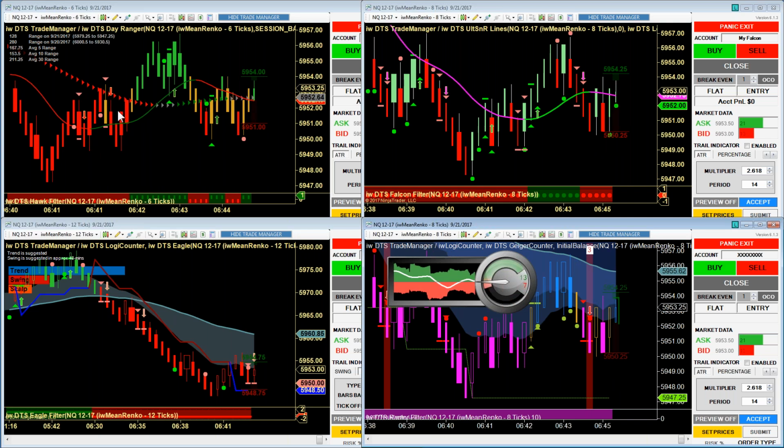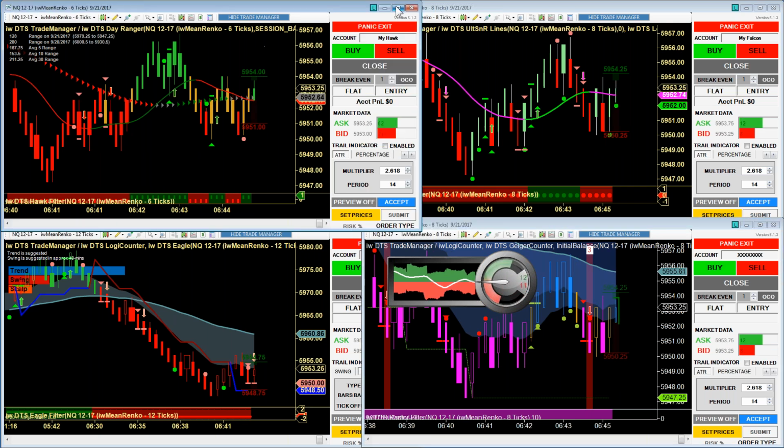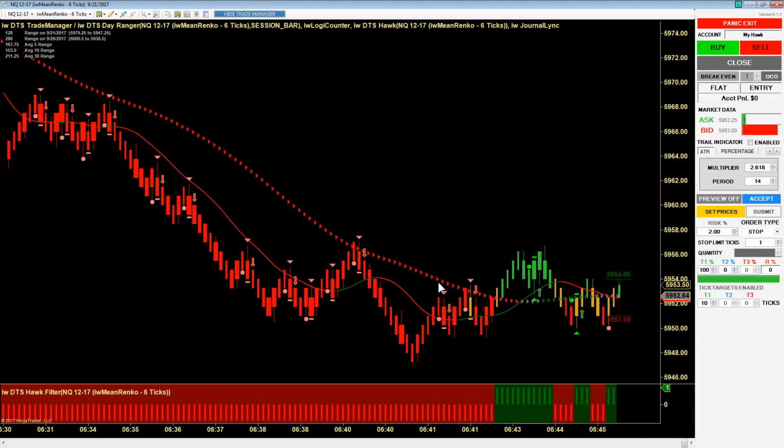The Hawk and the Raptor both introducing some yellow bars into the mix, which tends to occur when the market is trying to change direction.